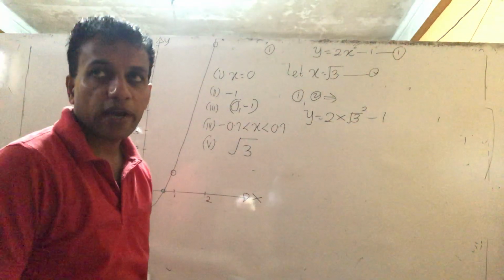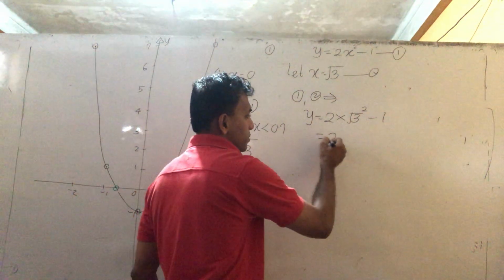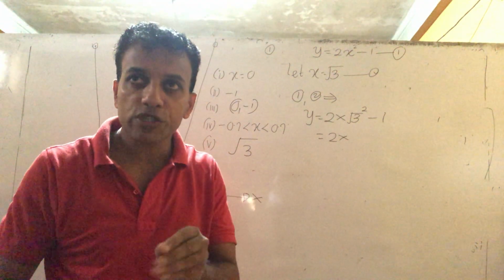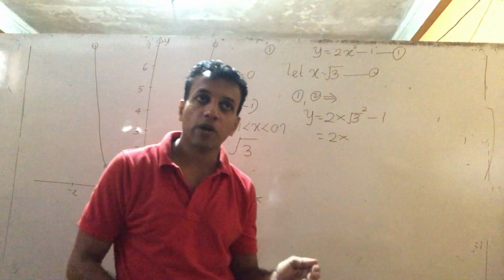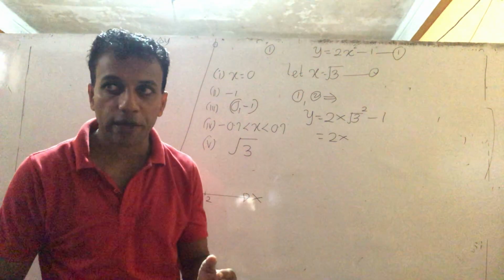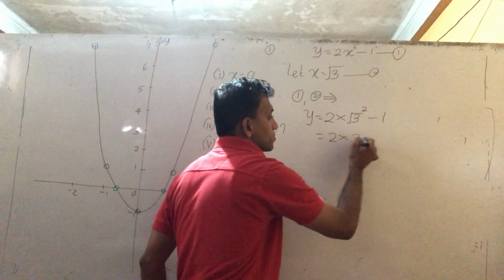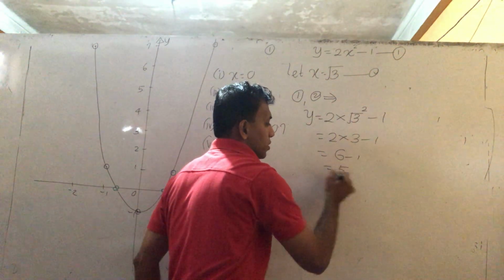Last video I showed this 2 times: what is root 3 squared? Root 3 multiplied by root 3, root 9, that is 3. What is root 5 squared? Root 5 multiplied by root 5, root 25, that is 5. Okay, this is 3, right? So 2 times 3 is 6, minus 1, answer 5.